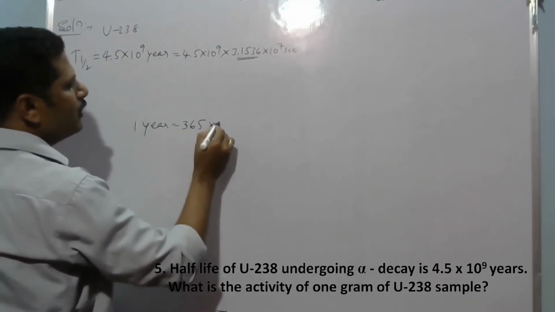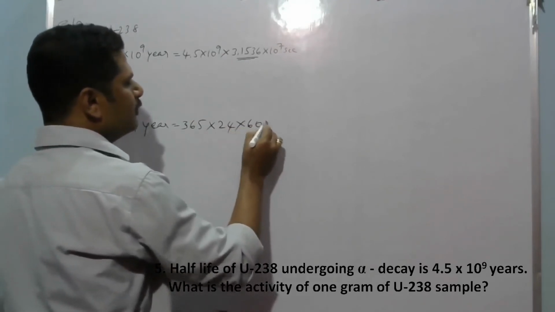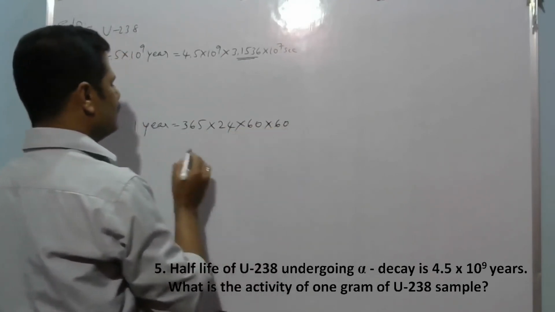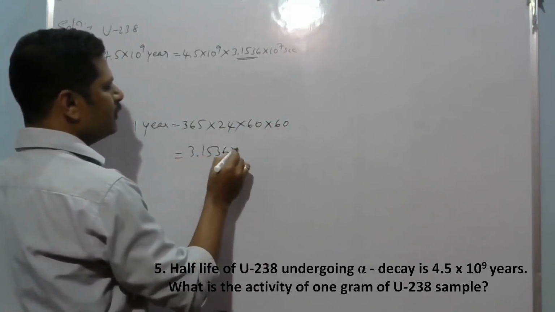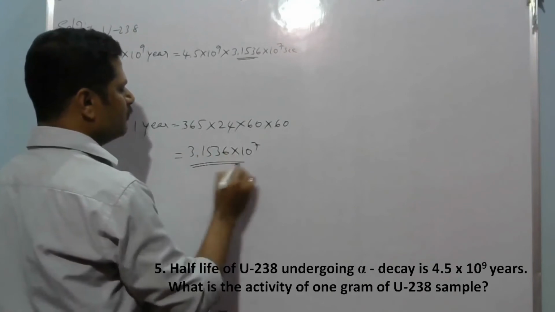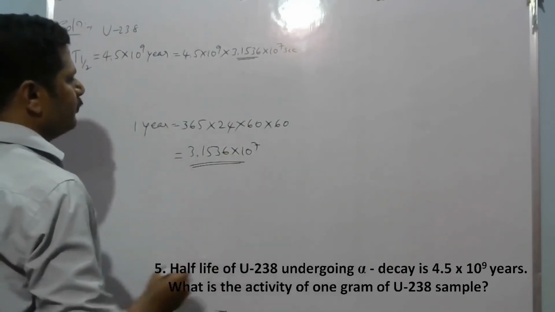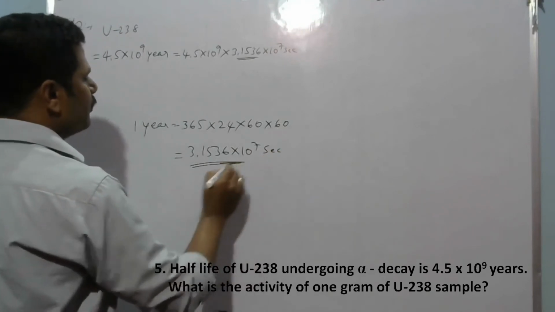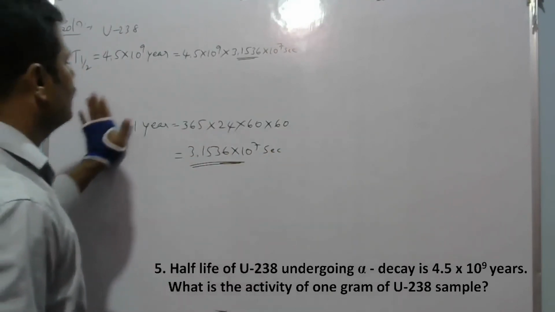In one day, how many hours? 24 hours. In 1 hour, 60 minutes, and 60 seconds. So this gives us 3.1536 into 10 raised to 7, the number of seconds present in 1 year. This you need to keep in mind.